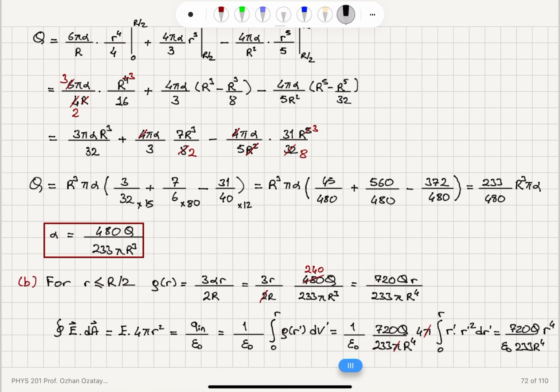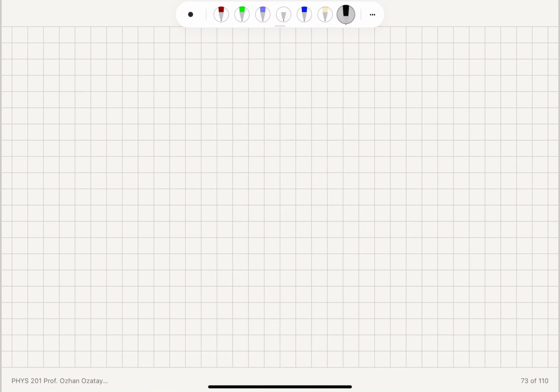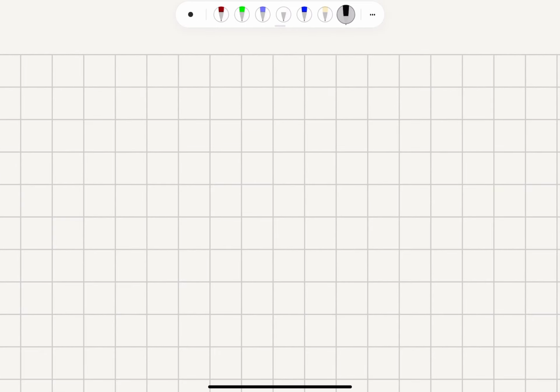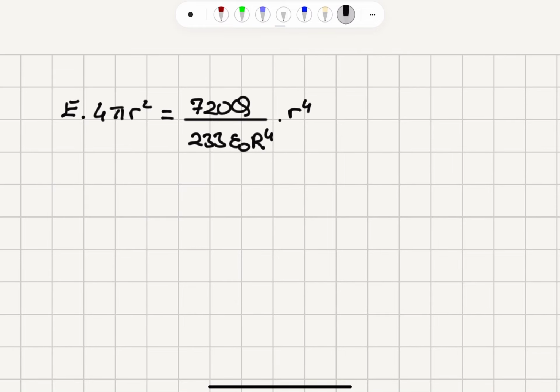On the other side of the equation, we have the electric field times 4 pi r squared. So let's substitute that here. We have E times 4 pi r squared, that is equal to 720 Q divided by 33 epsilon 0 capital R to the fourth power, and r to the fourth power.